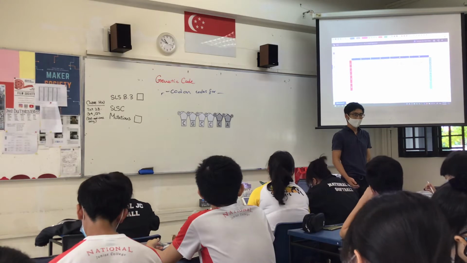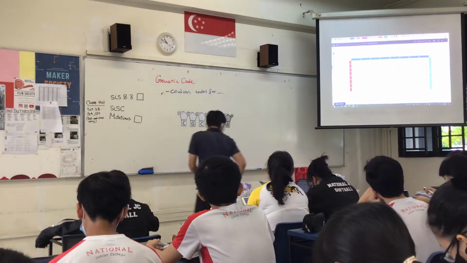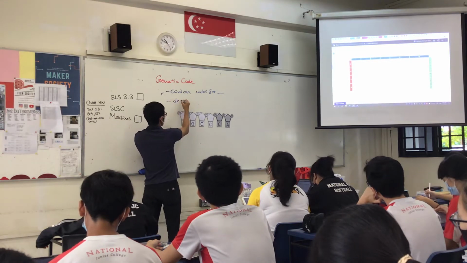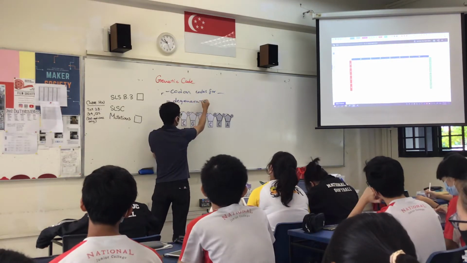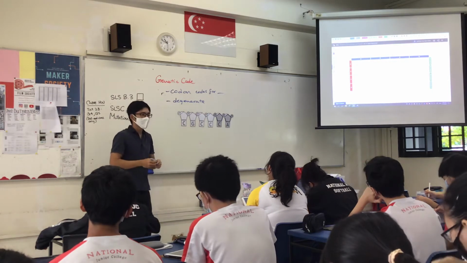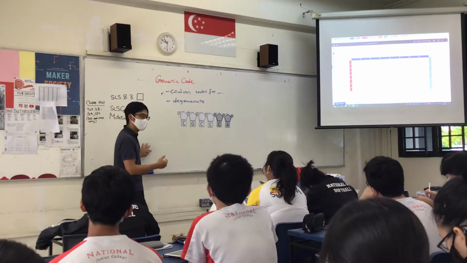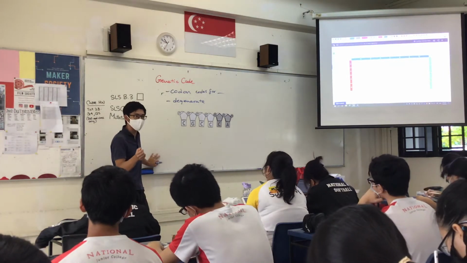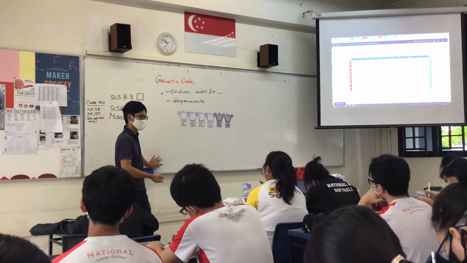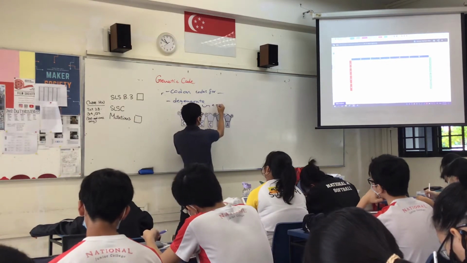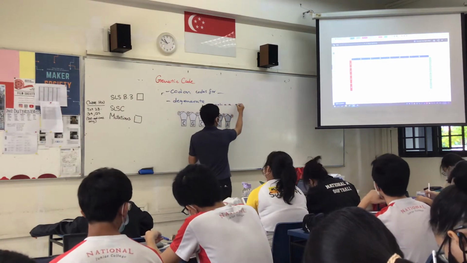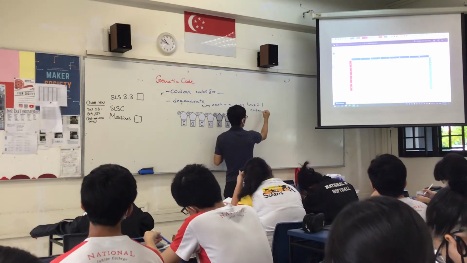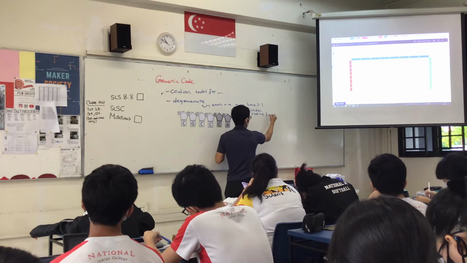Sometimes, if you read online, they will say that the genetic code is degenerate. When you see this word, it just means that each amino acid may have more than one codon coding for it.